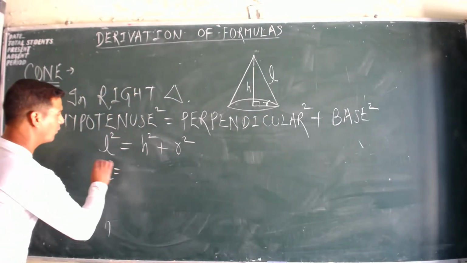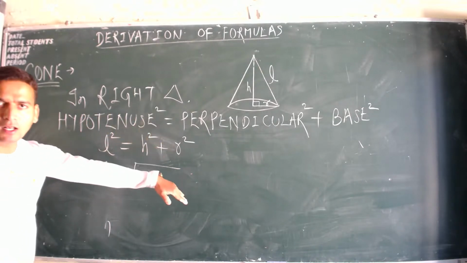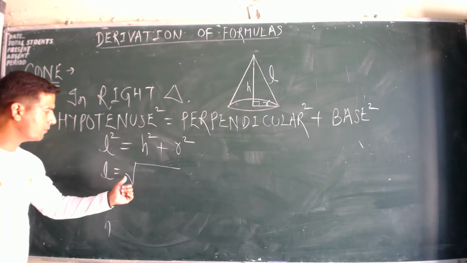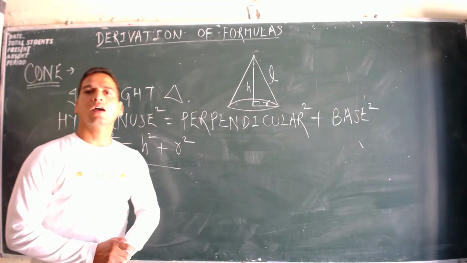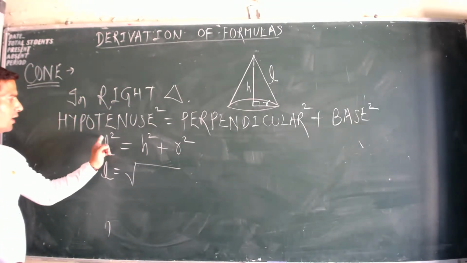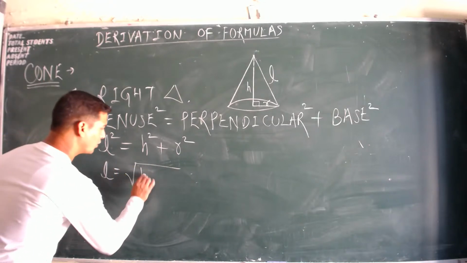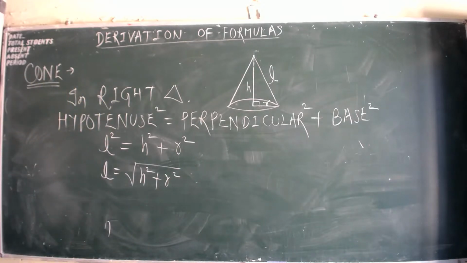So to find the value of l, the square on coming to the right becomes square root, because the opposite function of square is square root. So l equals square root of h square plus r square. This is the formula of slant height of a cone.